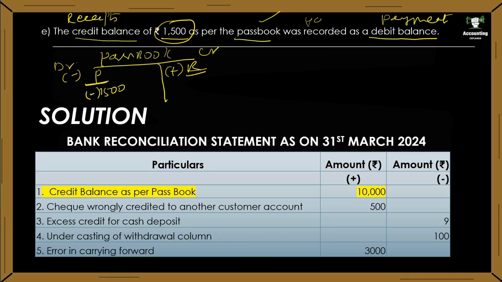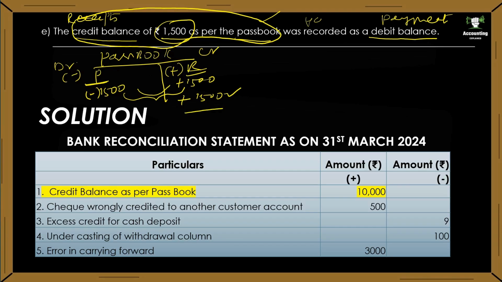First we have to rectify that error. For that, what we have to do? We have to add rupees 1500 to the receipt side, so that this 1500 and 1500 get cancelled or nullified. Now we have to introduce this credit balance of 1500 as per the passbook, which has to be recorded. So we will record that 1500 newly. So we will add again 1500 for this recording of 1500 which we have recorded wrongly.